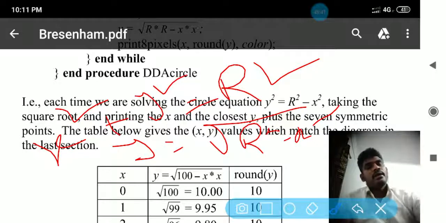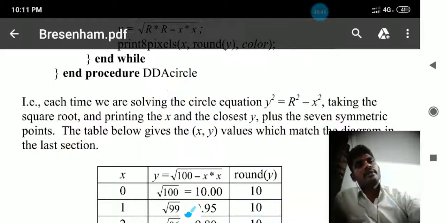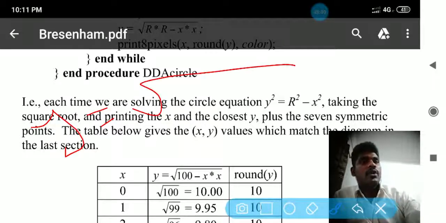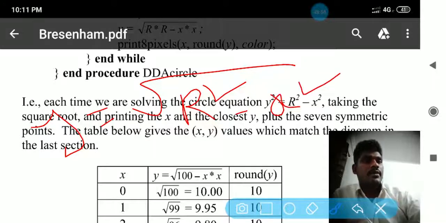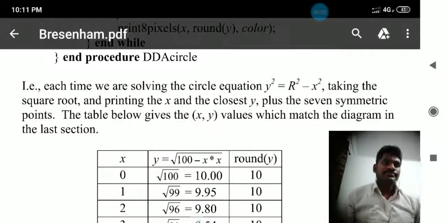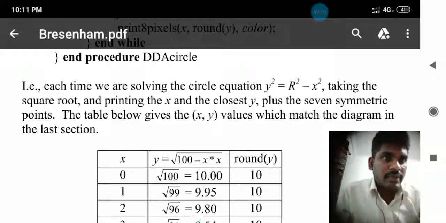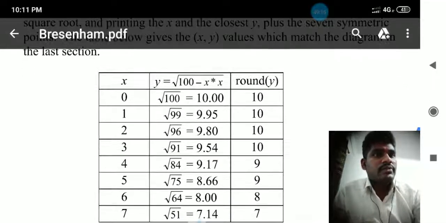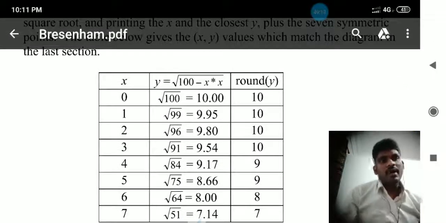So here we have to find the x value and y value. Take the initial x value equal to 0 and the initial y value equal to r.